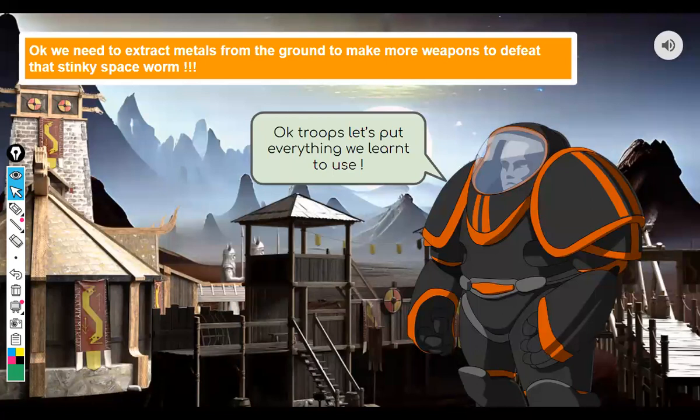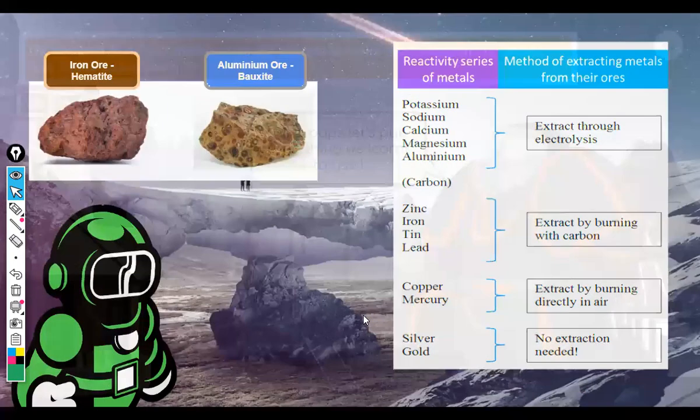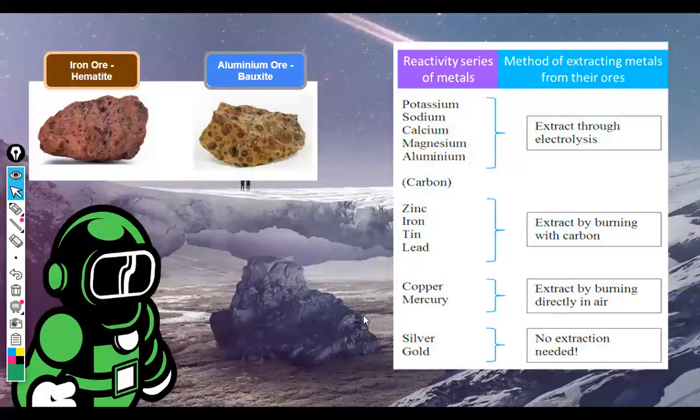But the thing about it, when you go into the ground and you try to extract iron, you don't get pure iron. Instead, you get many other things. You might get iron oxide, which is rust. Also, on the very rare possibility that there was pure iron in the ground, that iron is going to be mixed up in the rock.